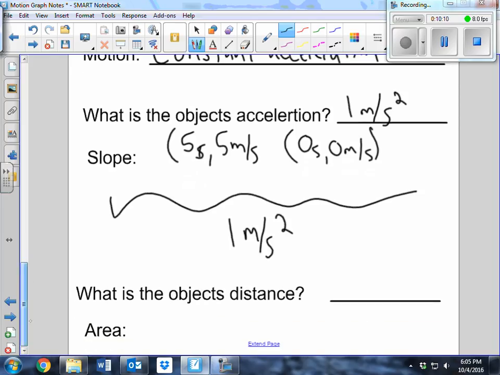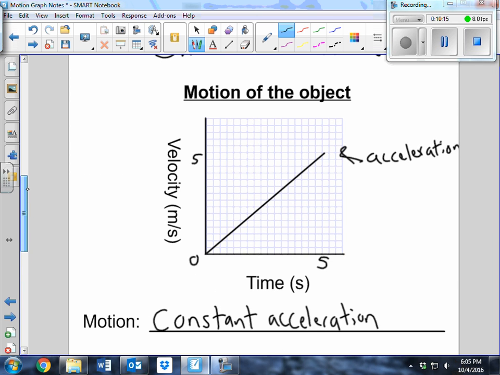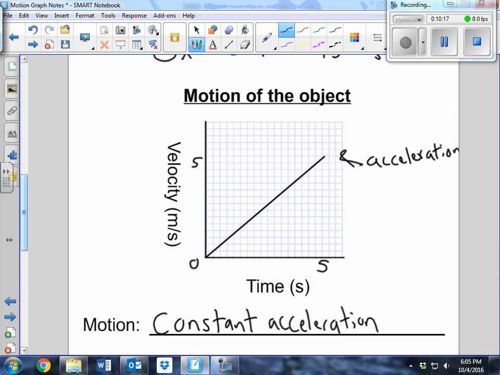So the real question is, and here's the cool thing, you can actually find the distance traveled from a velocity time graph, and that's very critical. You really need to remember that. On a velocity time graph, the slope tells you acceleration.